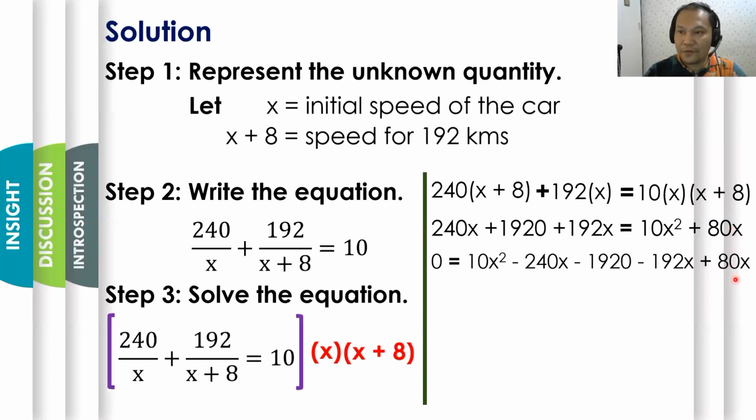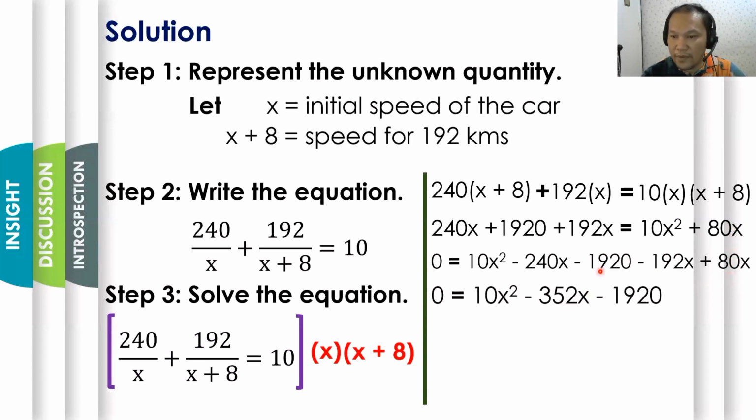Then you have to combine similar terms. That is negative 240x, negative 192x, then positive 80x, making it negative 352x. Bring down the constant, which is negative 1,920, and then bring down 10x squared. Then after that, get the factors. By getting the factors, you have to consider the numerical coefficient 10.